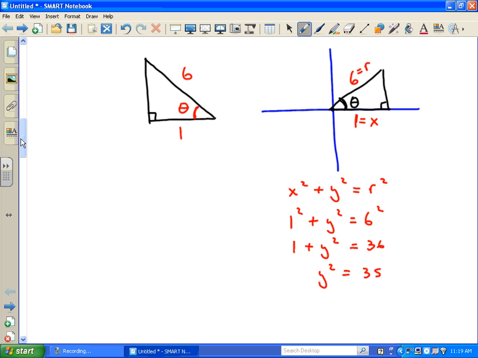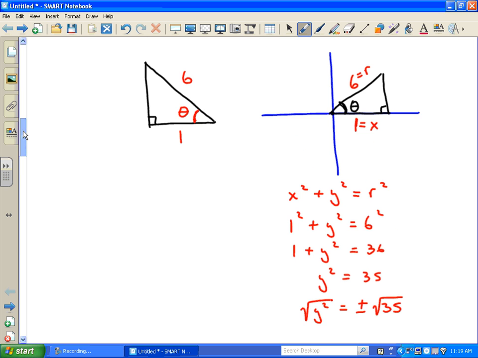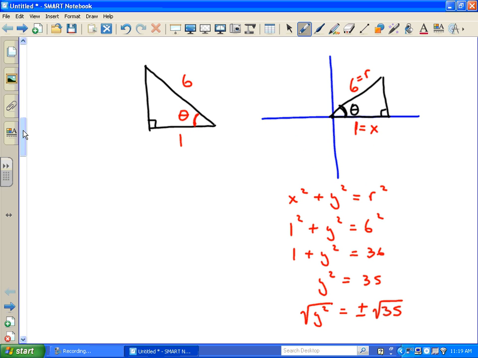And then at this point, I would need to take the square root of both sides to find y. Technically, when you take the square root of both sides, you should put a plus and a minus in front of your square root. Think about a triangle drawn in quadrant 2. It would have a negative x value, a positive y value, and a positive r value.